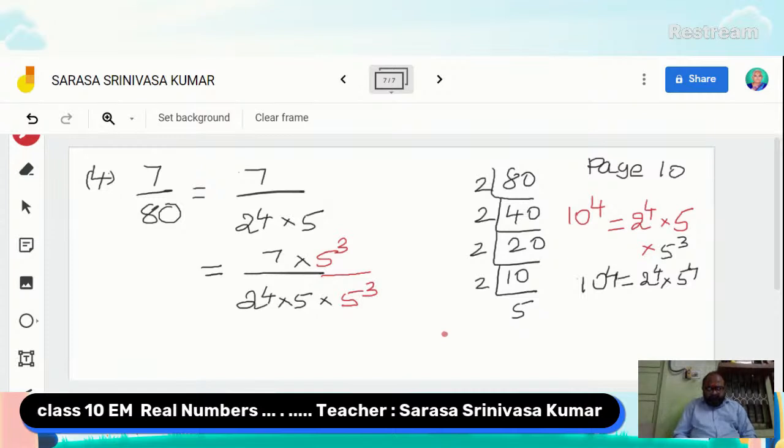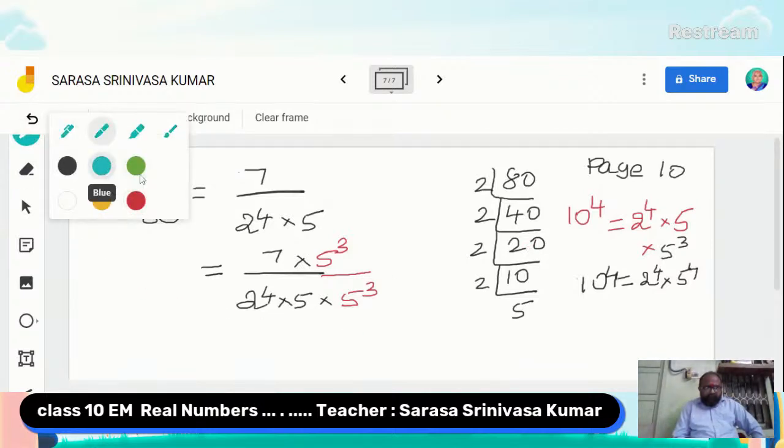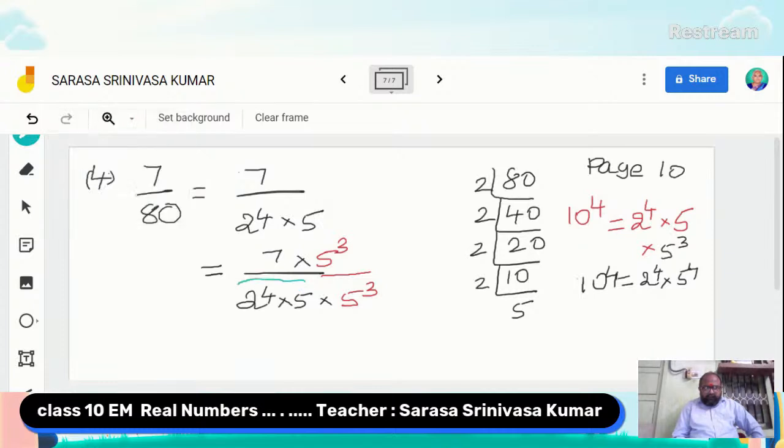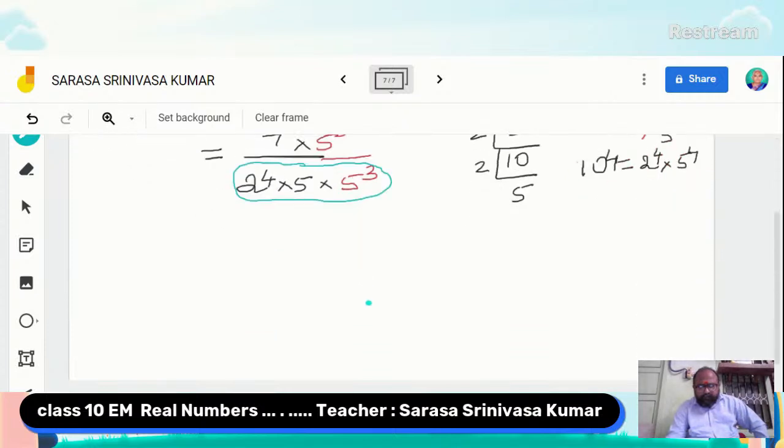Why have we multiplied and divided by 5 power 3 only? Because if we multiply and divide by 5 power 3, then we get the denominator in the form of 10 power 4. We get 10 power 4 in the denominator.